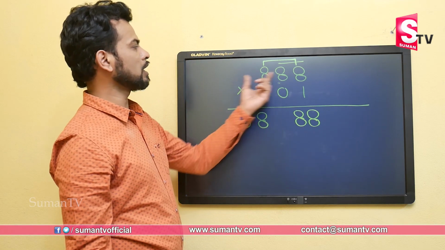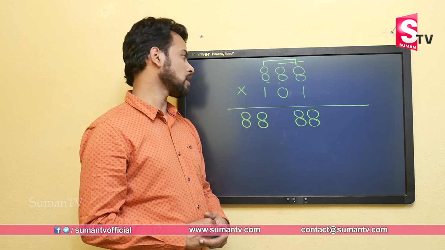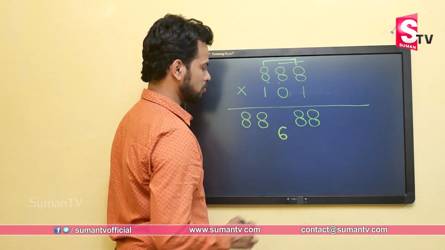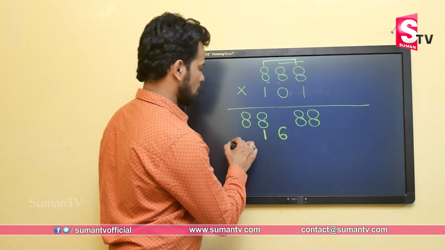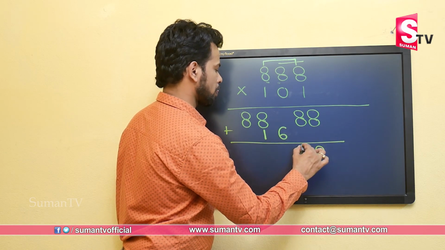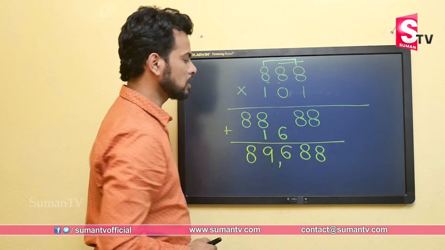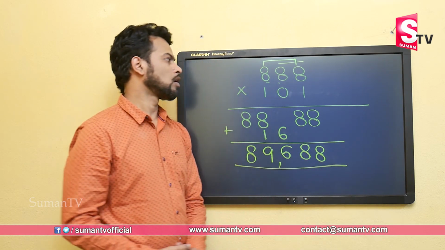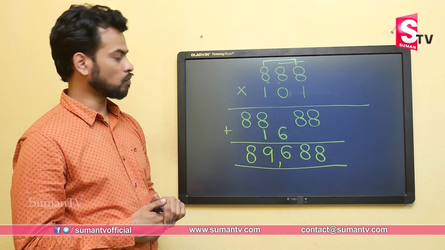Left side digit is 8, right side digit also 8. 8 plus 8, that is 16. So what will we do? We will write 6 in the middle answer place and we will carry over 1 to the left side. Now we will add these 2 digits. So the final answer will be 89,688. Hope all of you understood how to do multiplication with 101.